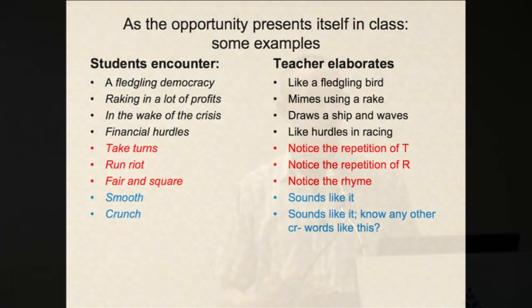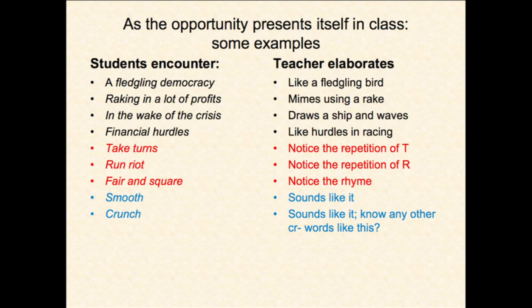So it is probably more pedagogically sound to distribute this learning over time, but you can apply all those tricks as the opportunity presents itself. So if you have, say, a text, and students encounter in that text, China was a fledgling democracy, and they ask, what does fledgling mean?